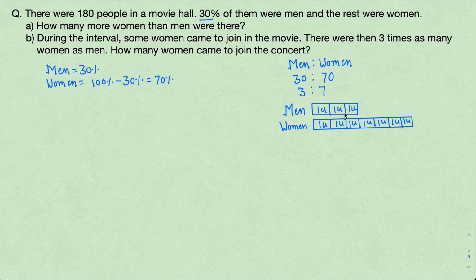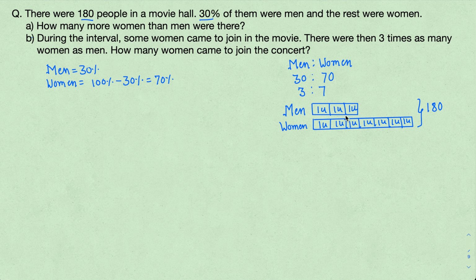So there are 3 units of men and 7 units of women, and all this together is how many? It is 180, since there were 180 people in the movie hall. So we can say this is 180. And this 180 is equal to how many units?